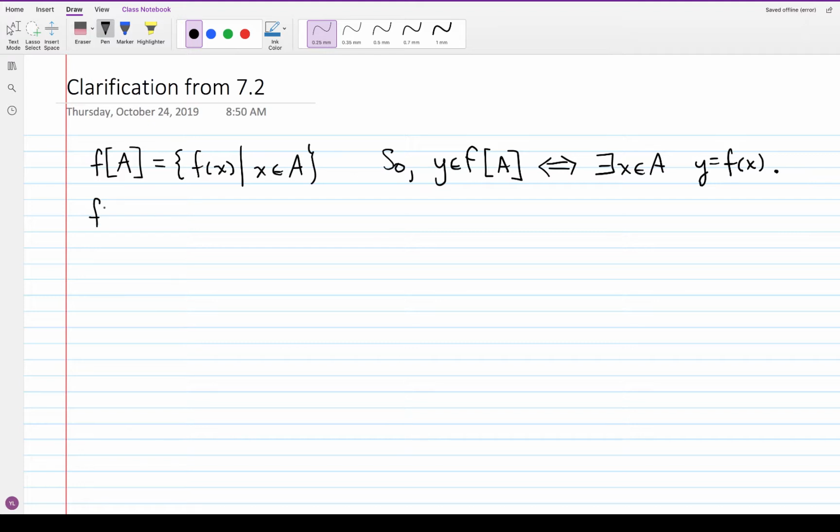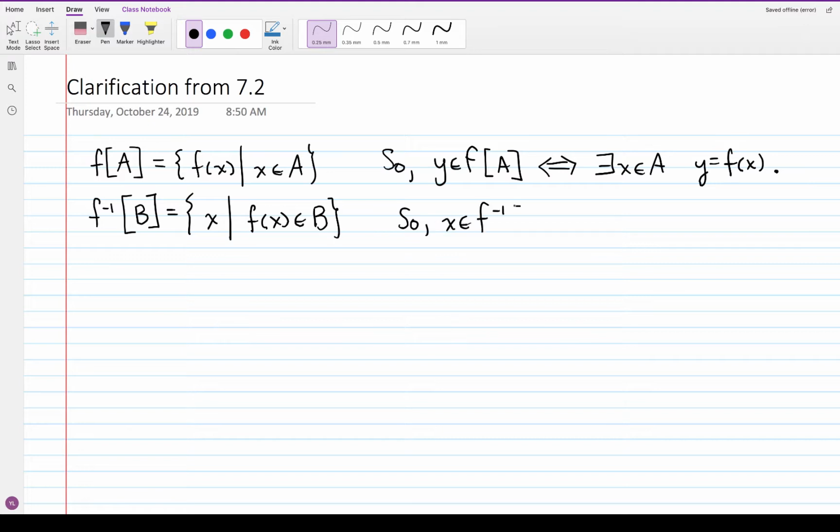And I want to do the same thing for the inverse image of a subset of the codomain. I'll just switch up the letters. It may help us distinguish these objects in our minds. So it's understood that A is a subset of the domain, whereas B is a subset of the codomain. So this is going to be a collection of x values in the domain such that f of x lands in B. And again, I want to make a useful translation about elements of this set.